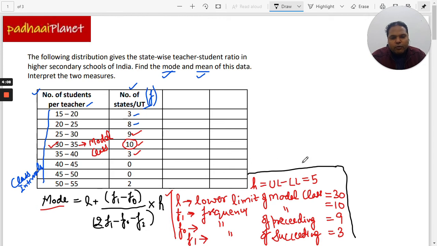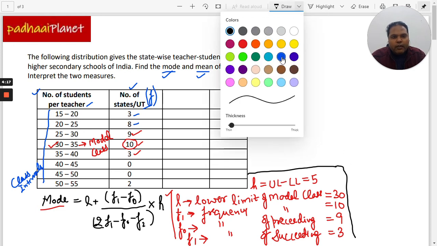Now let's put all of these values into this formula to find the value of the mode.